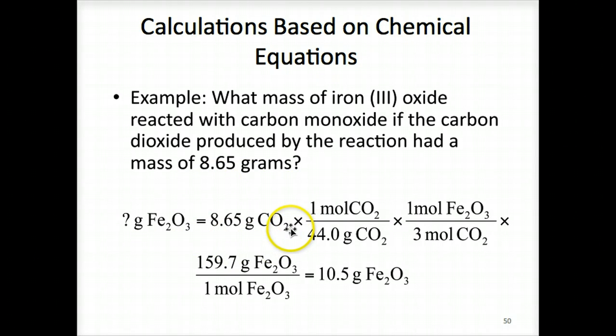If we make 8.65 grams of CO2, we know its formula mass, 44 grams in 1 mole. 3 moles of CO2 relate back to 1 mole of iron(III) oxide. 1 mole of iron(III) oxide weighs 159.7 grams, which means we had to start with 10.5 grams of iron(III) oxide.